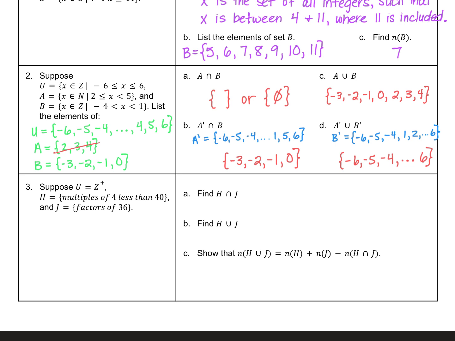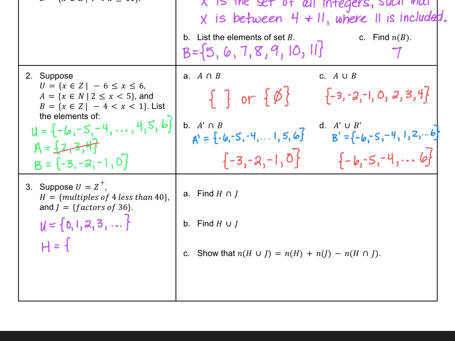So here I'm focusing on positive integers or positive whole numbers. So U is going to be 0, 1, 2, 3, and it's going to continue. Okay? Set H. It says multiples of 4 that are less than 40.